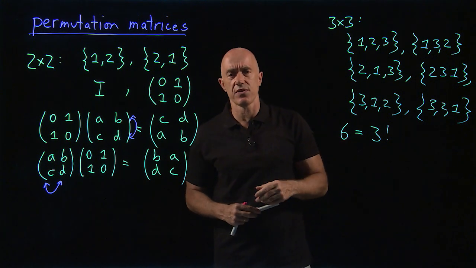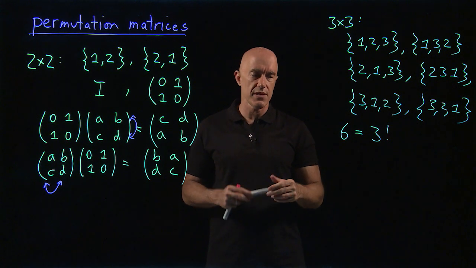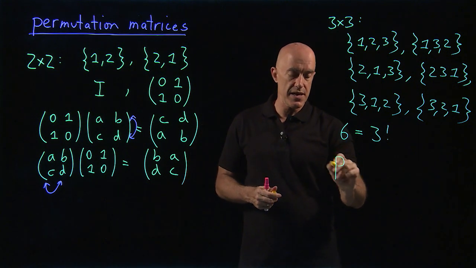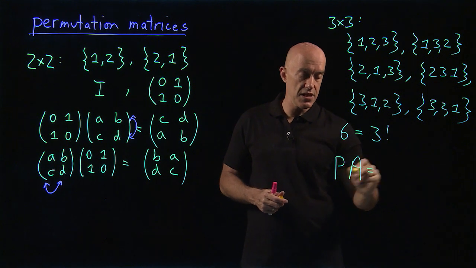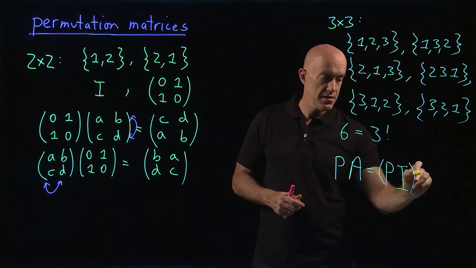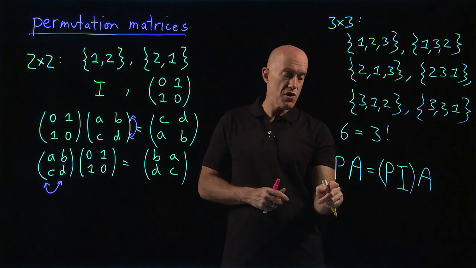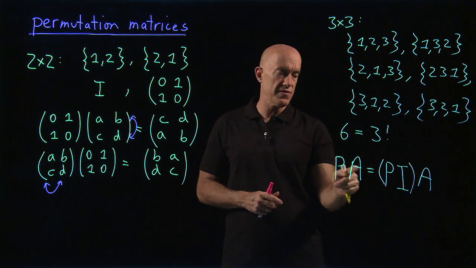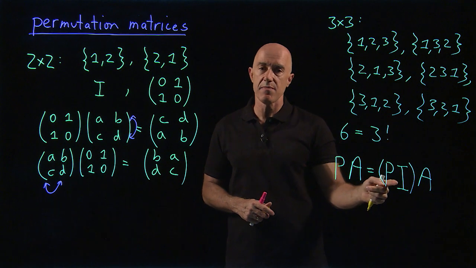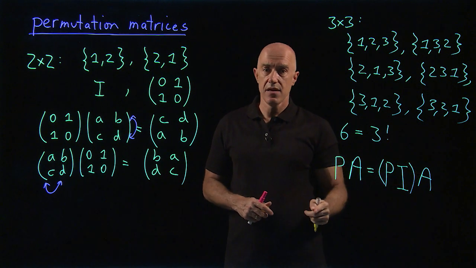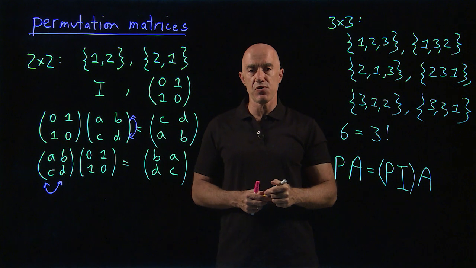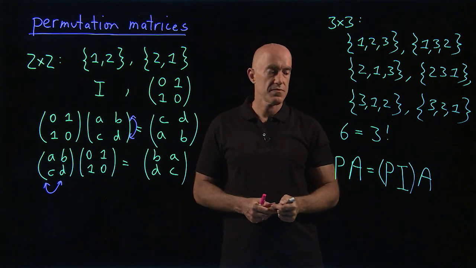You might think it's hard to determine what the permutation matrices are, but it's quite simple, because we can write the permutation matrix times A as the permutation matrix times the identity matrix times A. If the permutation matrix permutes the rows of A, then the permutation times the identity matrix is just permuting the rows of the identity matrix, and that multiplies A. So these 6 permutation matrices are just the 6 matrices you obtain by permuting the rows of the identity matrix. Very simple.